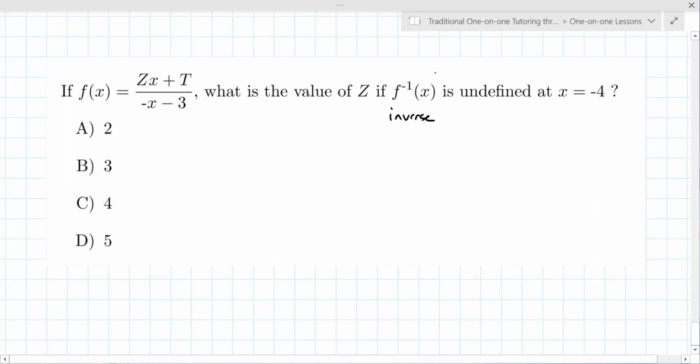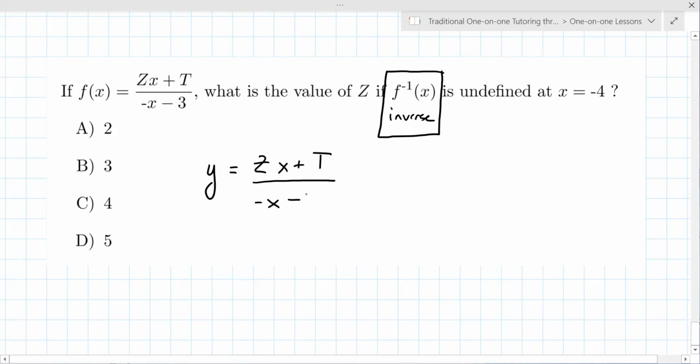The first is, can you find the inverse? The inverse is the opposite, pretty much, right, of what's there. I don't want to be too harsh on your language; it could be considered the opposite. The inverse means that you switch x and y.